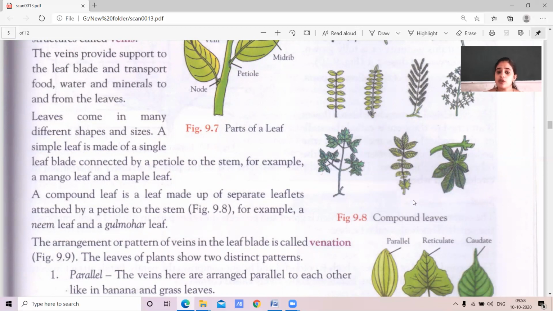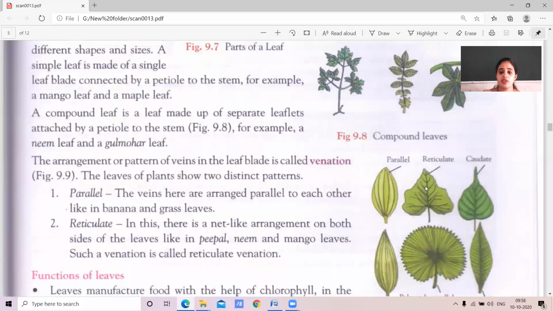Here, what has happened? It is separated into leaflets, which are attached to the petiole region. Example, neem leaf, gulmohar. We can get a lot of examples. Okay.